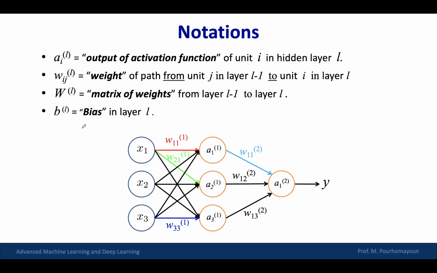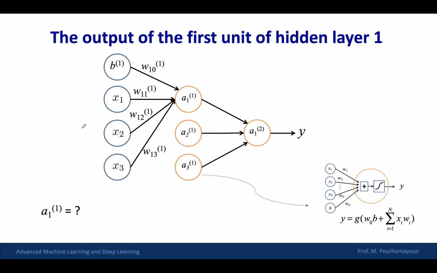All right, so given these notations, let me show you, for example, if you want to calculate this guy, the output of this network, what it looks like. So what is A11? Okay, so of course, as you remember, this activation function applies on the output of this linear combination.